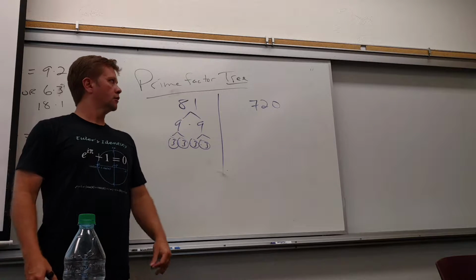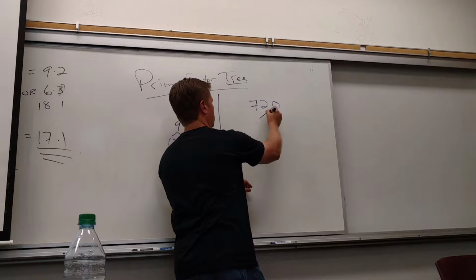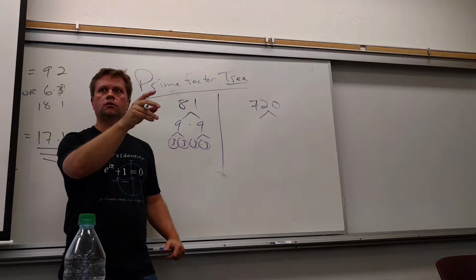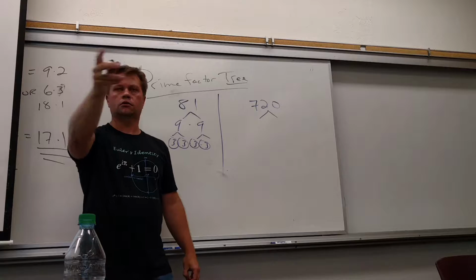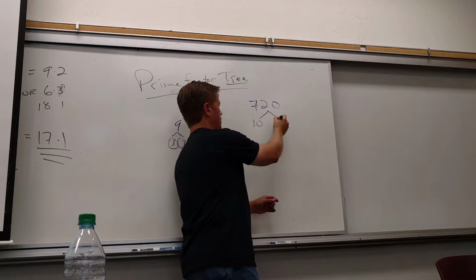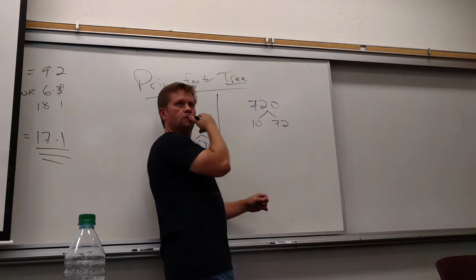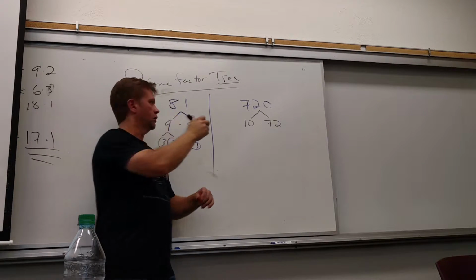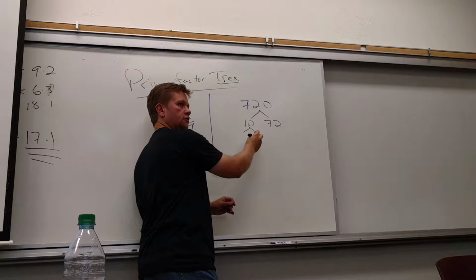It's crazy. So there's several ways to start this off, but somebody give me one. How did you do it? So you did like, all right, one way to do it is 10 times 72. Right? Because it ends in 0.